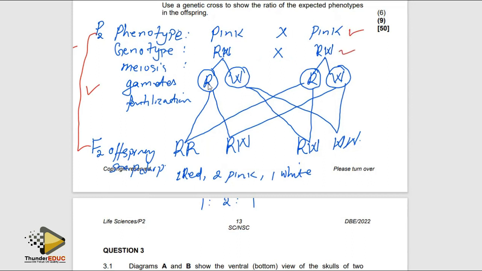If it doesn't have a cross, the tick might not be given to you. So we come to the gametes, we give you a tick, and then for crossing you get the offspring, we give you a tick. Because the question is saying give the ratio, this one might be a compulsory mark. So we give a tick, but we put the letter C there, which means that it's compulsory.